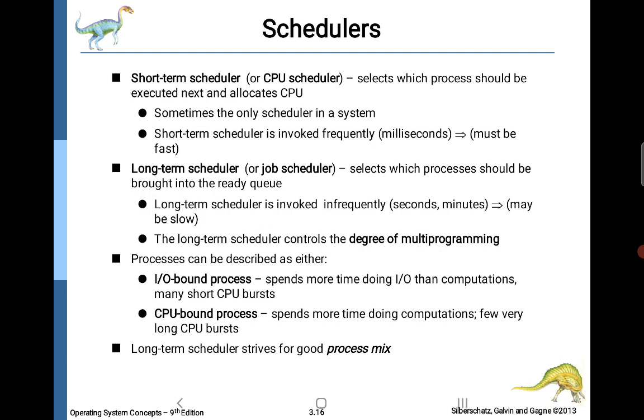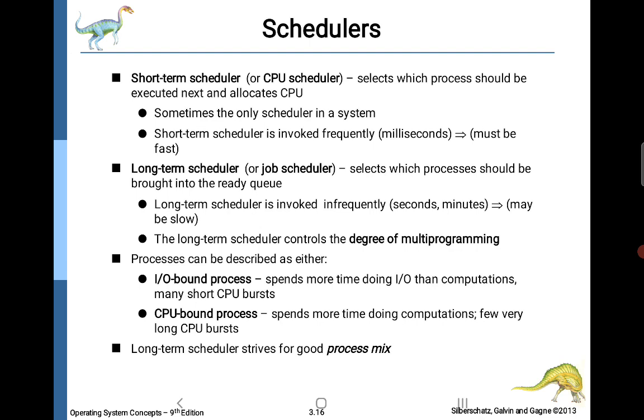The long-term scheduler is responsible for using a balanced mixture of CPU-bound processes and input-output bound processes for better utilization of system resources.